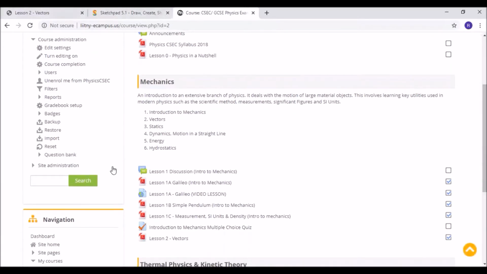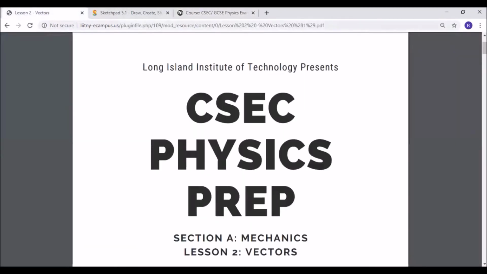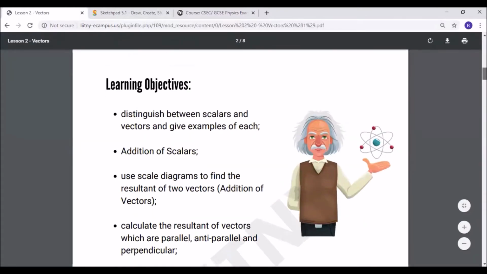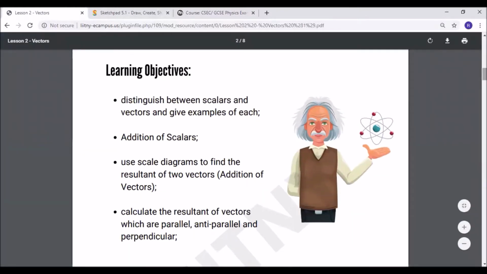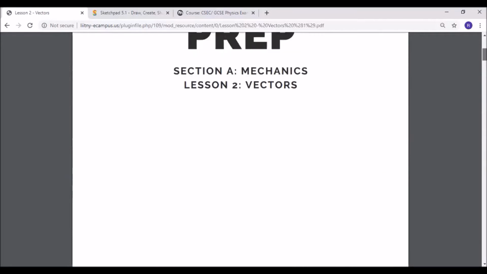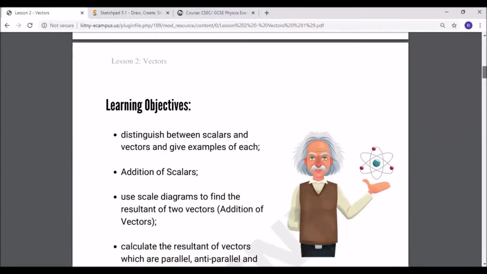So let's begin. All right, so the learning objectives here is to distinguish between scalars and vectors and give examples of each. You're probably wondering what we mean by vectors, and we'll get to that. So there are two types of quantities, mathematical quantities, and these are scalars and vectors.